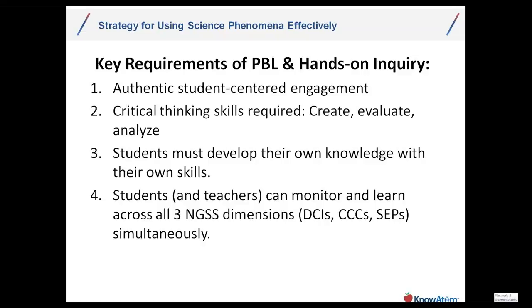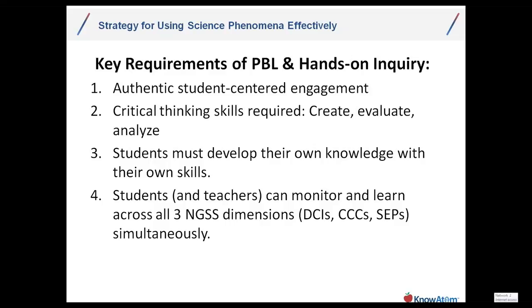It's a fine line where sometimes entertainment value can trump actual learning, and while the two are not mutually exclusive, it's really important that creative evaluation and analytical thinking is a part of problem-based and hands-on inquiry, and that there's not some tool trying to scaffold around that. Students also must be engaged in developing their own knowledge with their own skills.